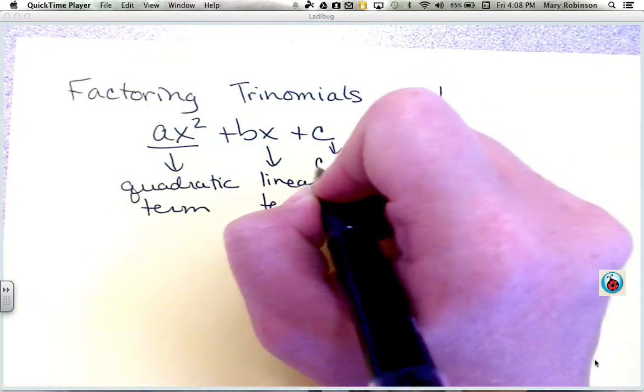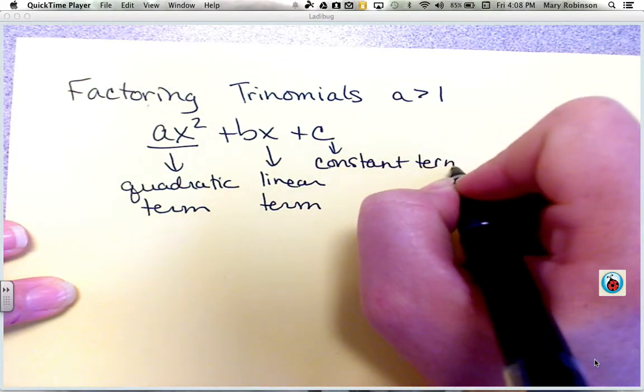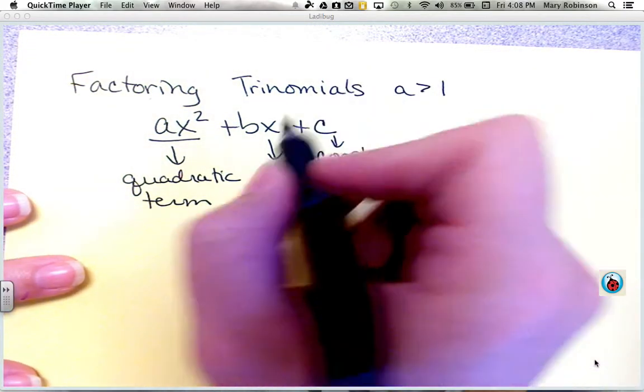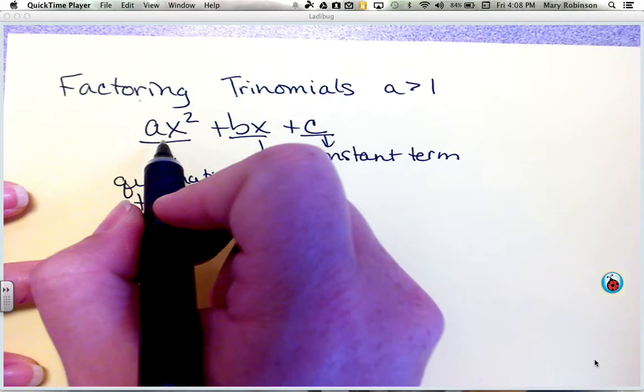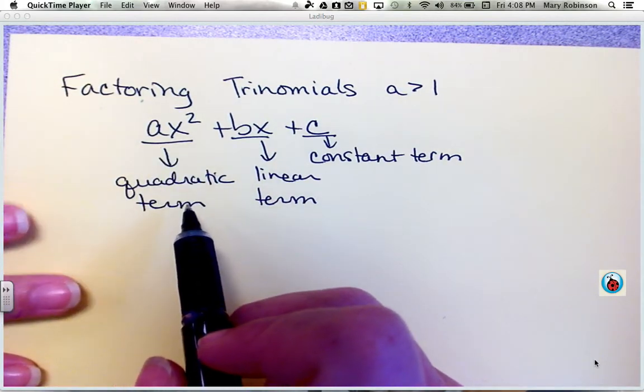And this term would be known as our constant term. So when I refer to these terms, I need you to know what I'm talking about. So when our a value is greater than 1, we are referring to the coefficient of our quadratic term.